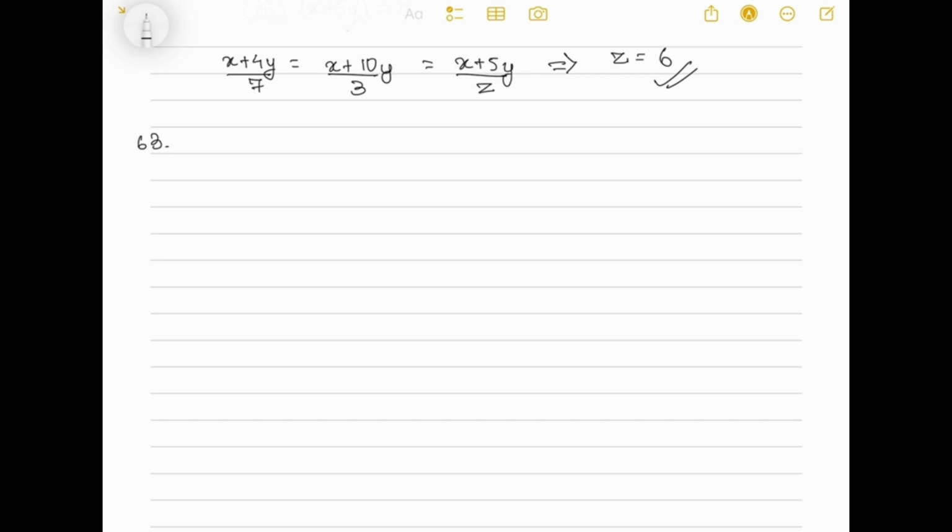Coming to question number 63. The variable cost of manufacturing a product varies according to the equation V is equal to 4Q, where Q is the quantity produced.